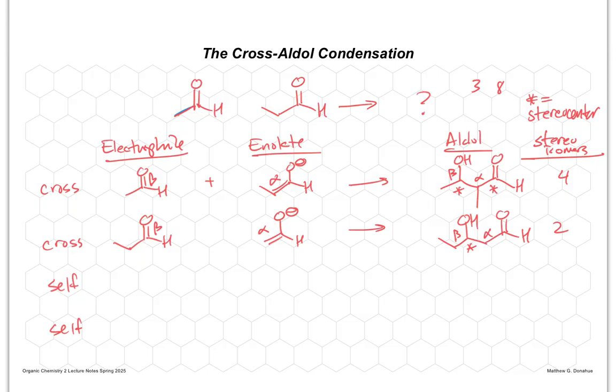Now we can do the self condensation with the ethanal. So we've already seen that in the first example. So that has 1 stereocenter, so that's 2.